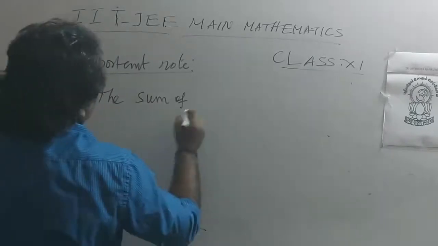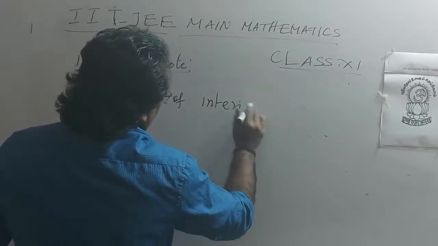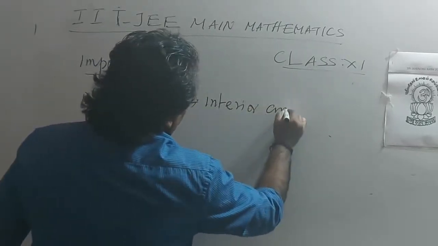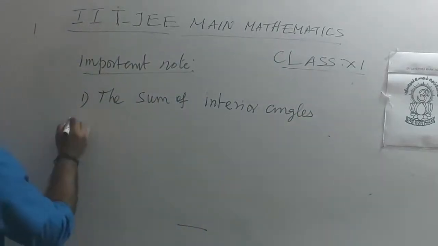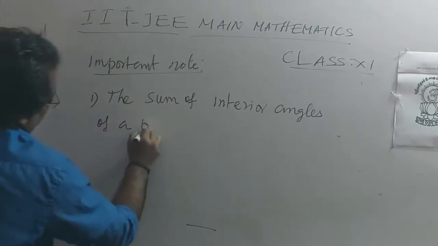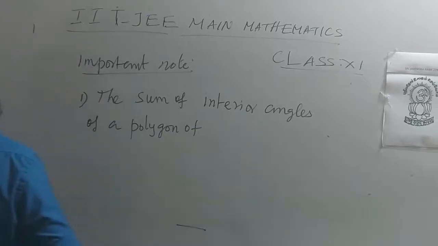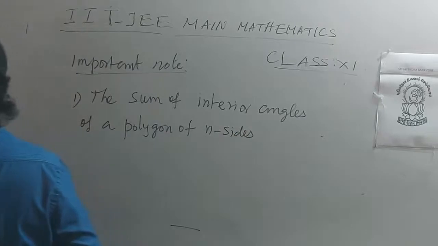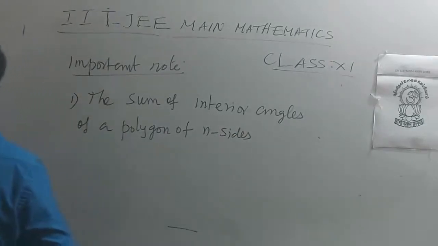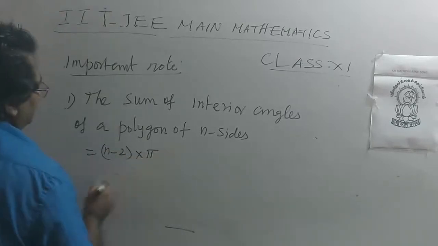The sum of interior angles of a polygon of n sides equals n minus 2 into pi.